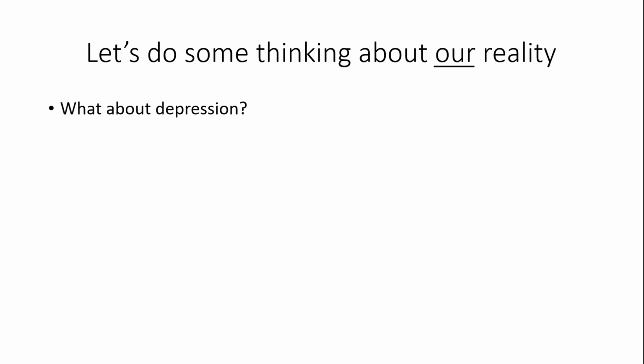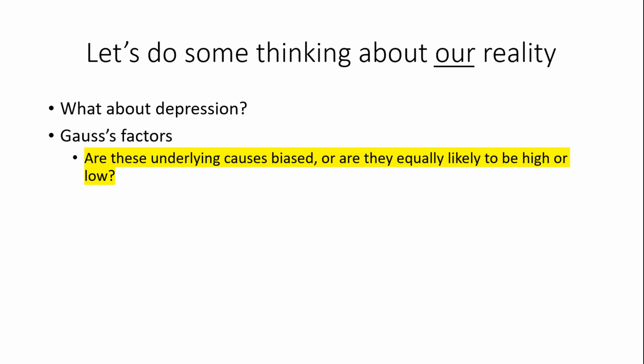What about depression? Let's look at Gauss's factors. Are the underlying causes biased, or are they just as likely to be high or low? Well, they're biased because most people aren't depressed. Are smaller variations more likely than big ones? I don't even have a good guess.